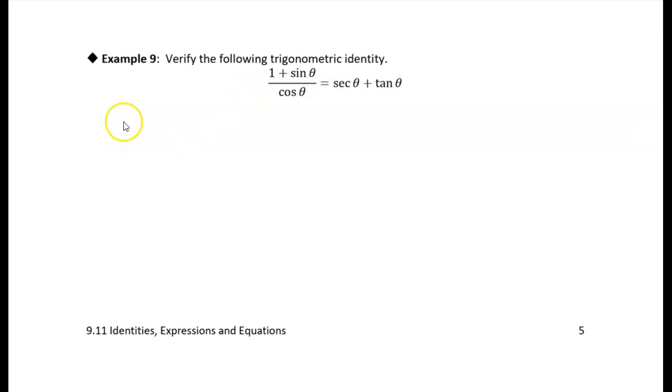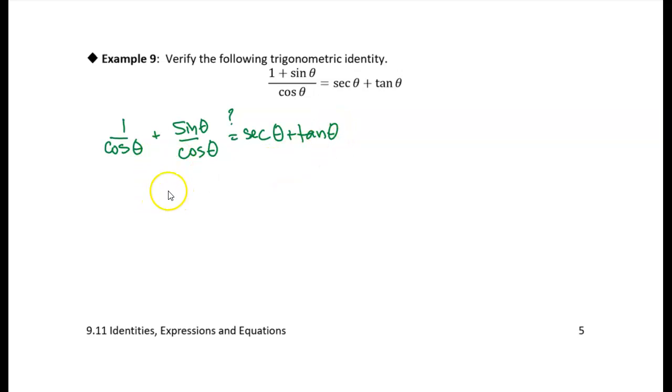So then this is equivalent to 1 over cosine of theta plus sine of theta over cosine of theta. And we're asking, is that equal to secant of theta plus tangent of theta?